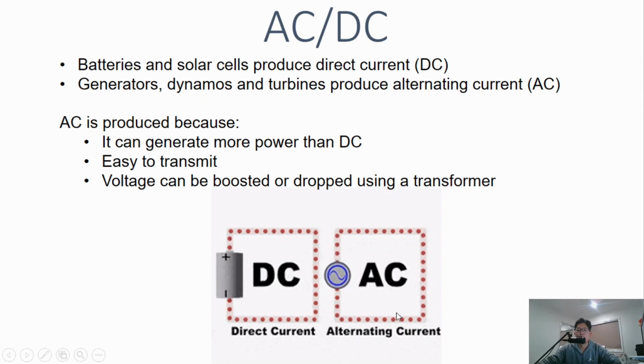In AC or alternating current, the current moves back and forth and constantly changes direction. So that's the difference between DC and AC. Batteries produce DC, generators produce AC. AC is preferred most of the time because it can generate more power than DC. It is easier to transmit, and voltage can be boosted or dropped using a transformer.